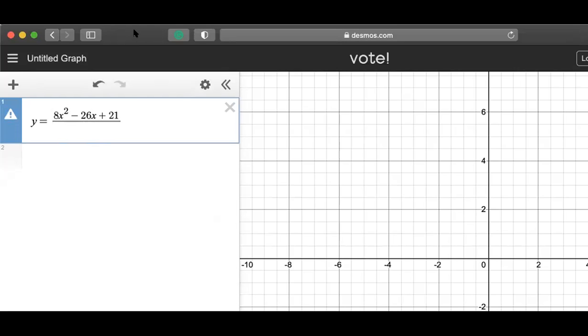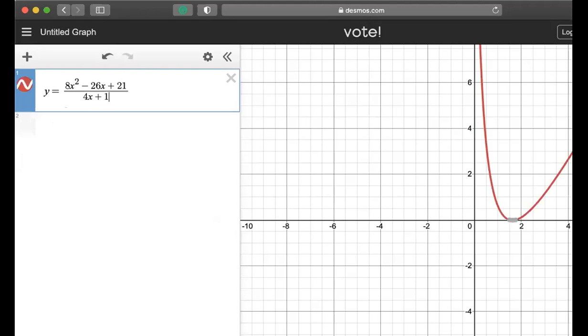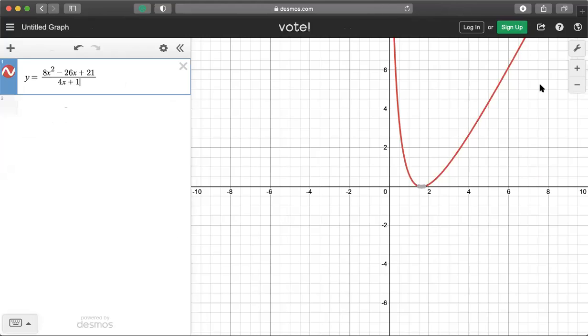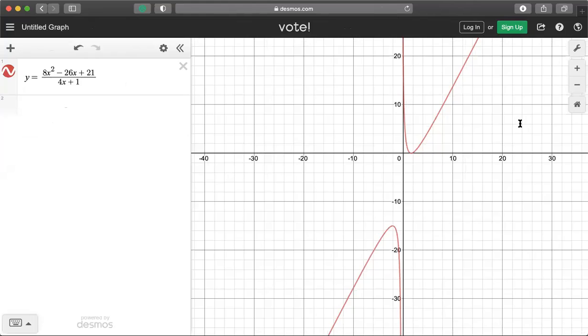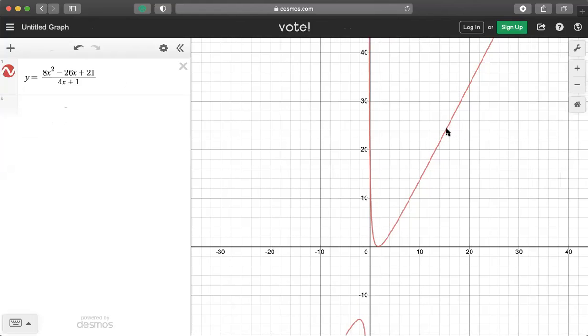That's being divided by 4x plus 1. So let me zoom out a little bit. And now you can see what is happening. Just like we expected, we have a vertical asymptote.